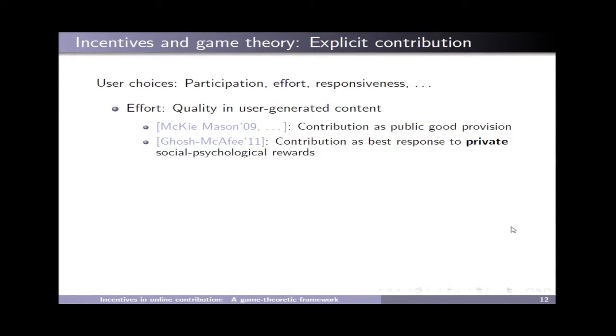A second and completely different perspective on user-generated content was something I worked on with Preston McAfee, who was then also at Yahoo Research. That was thinking about contribution as a best response to private rewards. If you think about people writing reviews or comments on news articles as creating a public good, you can't really explain some things, like why there is such a huge number of bad comments on websites.